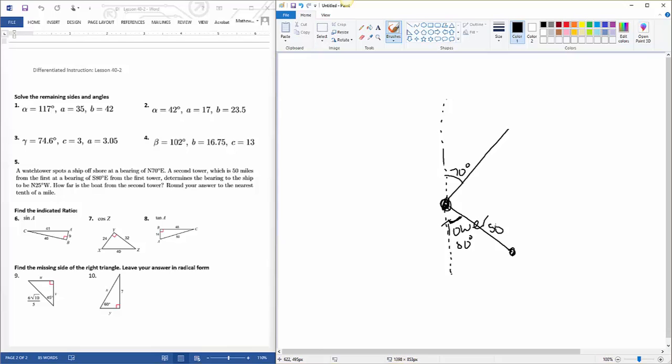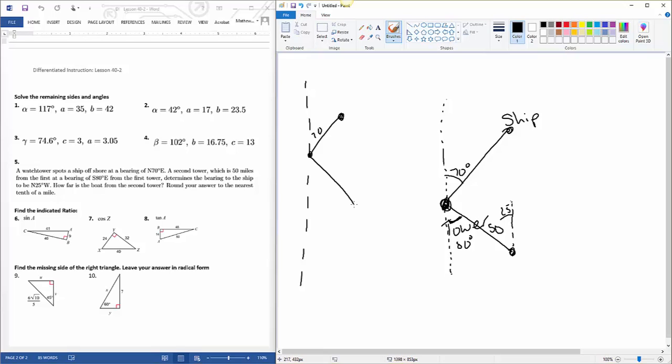Determine the bearing to the ship to be north 50 degrees. So we'll say that this is the ship. So north, west, that should be 25. Alright, I'm going to have to redraw this a little bit. So we know that that's 70 degrees, and I get to the ship.